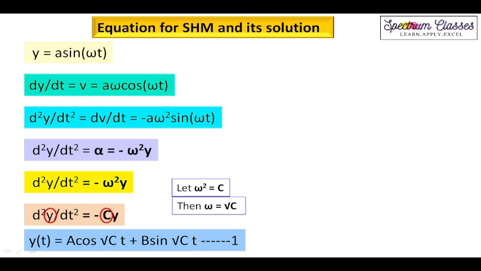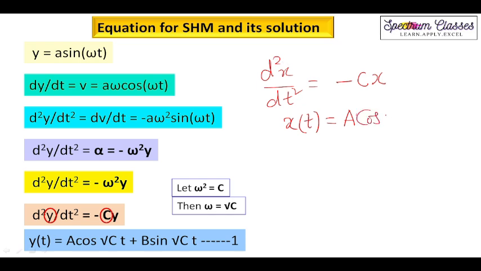So I am going to tell you this: if we have d2x upon dt square is equal to minus c into x, then the solution for this equation is x as a function of t is equal to a cos under root c into t, because this is a double differentiation.